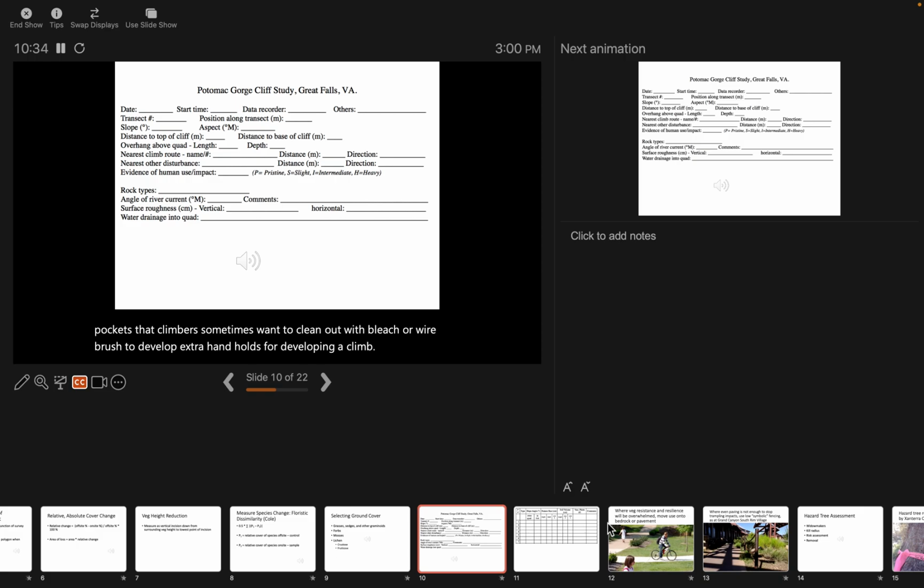We got on harness, rappelled down the cliff face, and put quadrats not horizontally on the ground but vertically. If you think of a climb route as a vertical kind of trail, you can measure impacts in exactly the same way. So this is vegetation loss. It is getting other disturbances like sport bolts drilled into the rock.